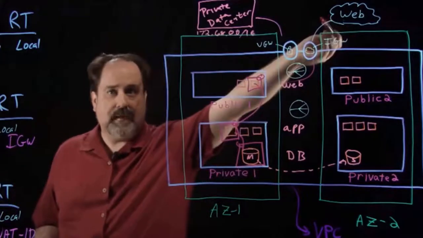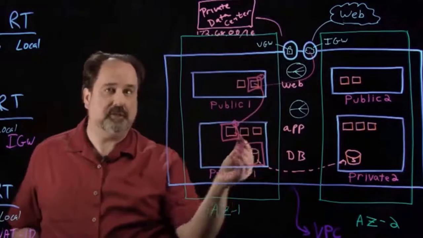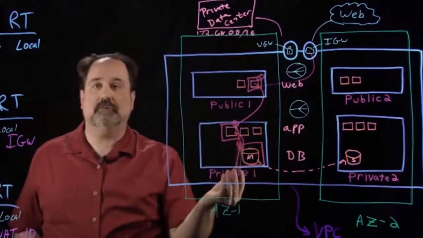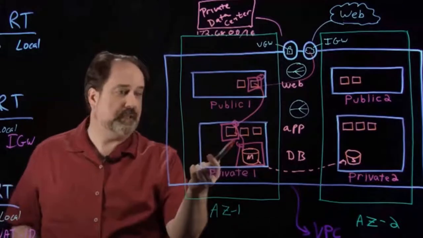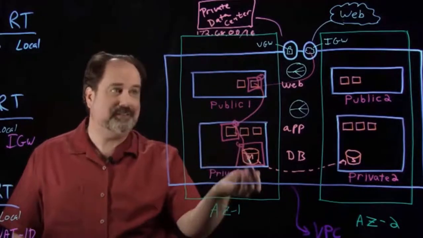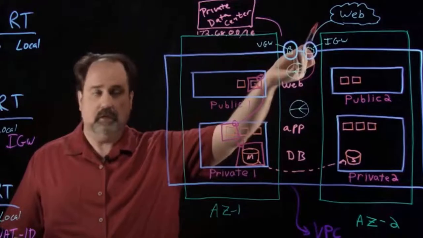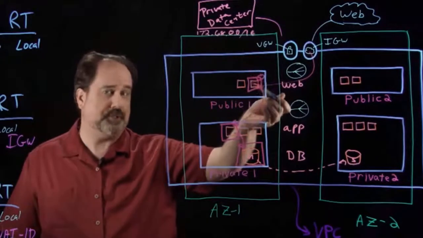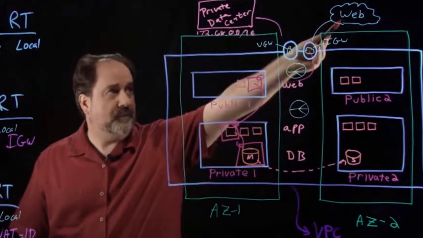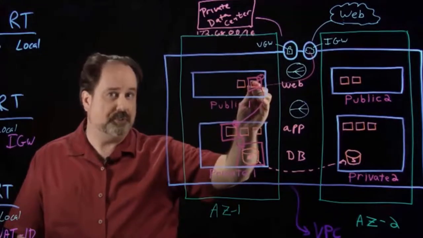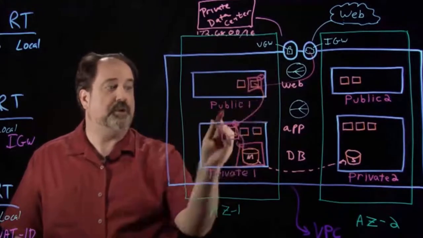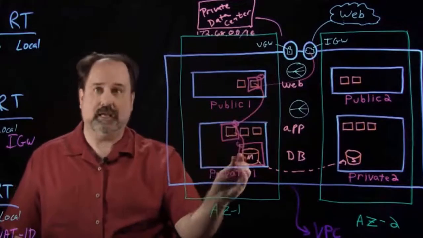Any traffic coming from the outside cannot communicate to the application server or the database, first of all because of the route tables, but secondly because the security groups do not accept traffic from 0.0.0.0/0. They only accept traffic originating from the web server. The only thing anyone from the outside can connect to is that front-end web server, the only one the security groups allow, and then from there I can only connect to the app, from the app only the database.